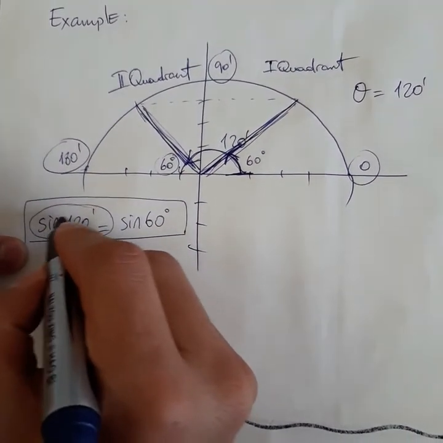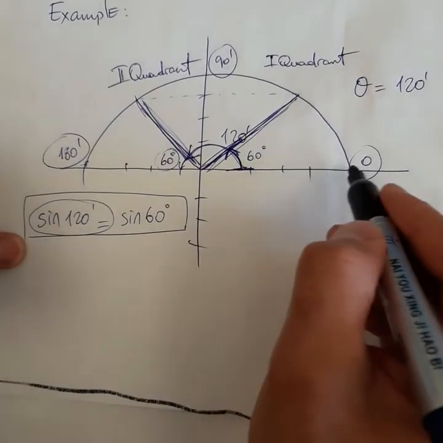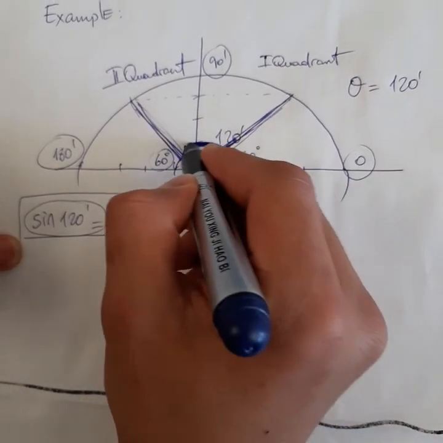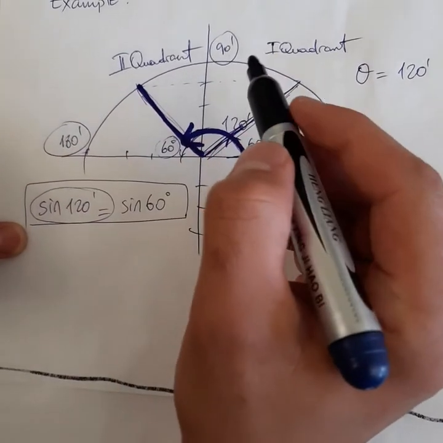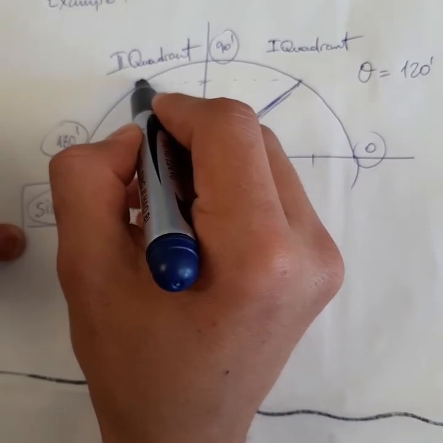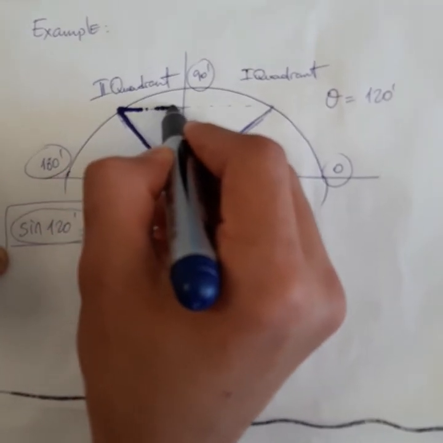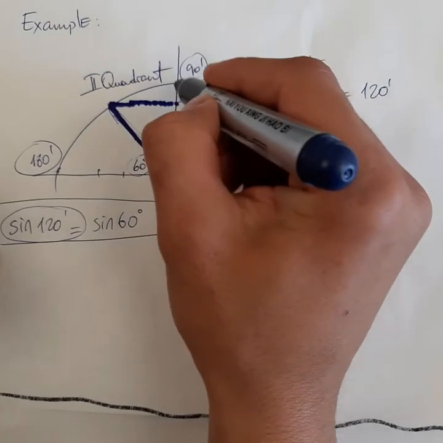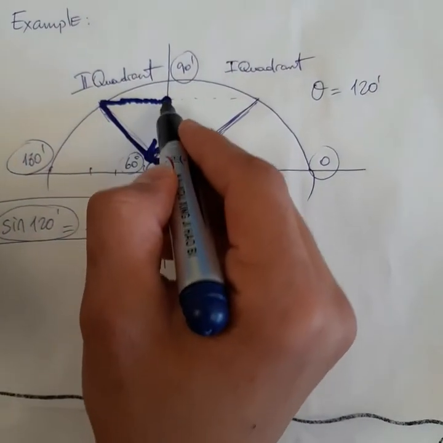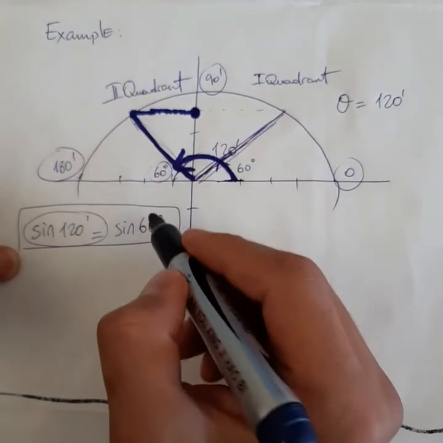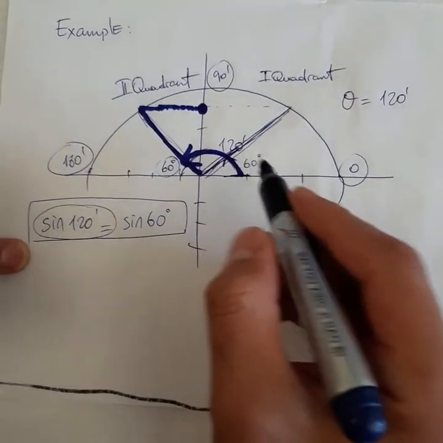They are equal. Why? Because if you find sine of 120, you go to the 120 degree angle, and if you project this angle onto the sine axis, sine 120 will be here, as you see. What about sine 60 degrees? It's also here.